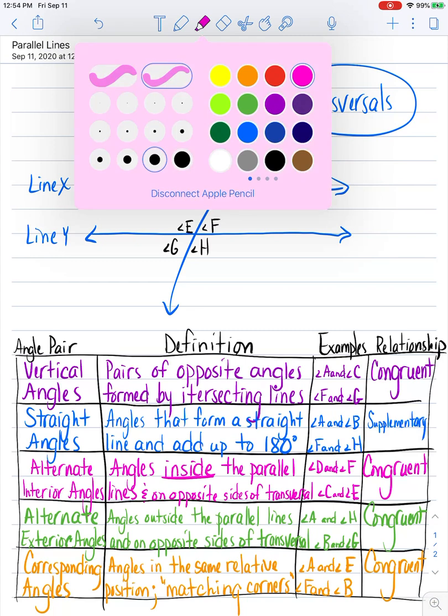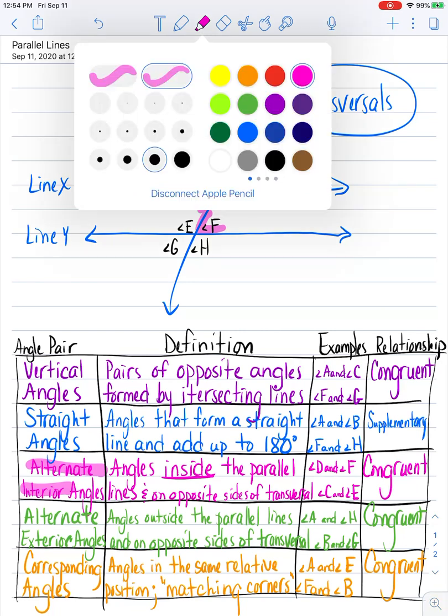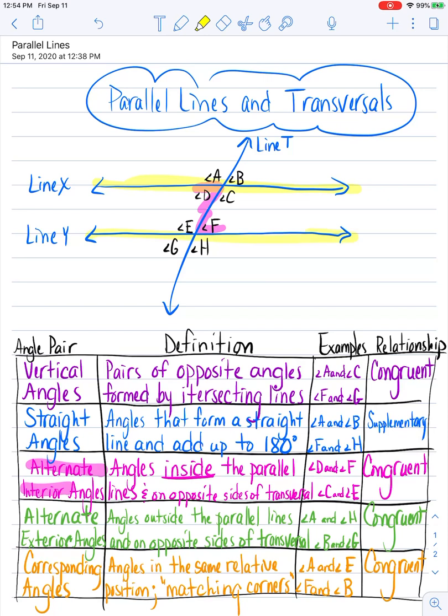So the next type of angle pair or relationship is an alternate interior angle. Alternate means opposite sides. Interior means inside. So it says that these are angles that are inside the parallel lines and on opposite sides of the transversal. So let's look at angle D and angle F. And you can see that they're both inside the parallel lines.